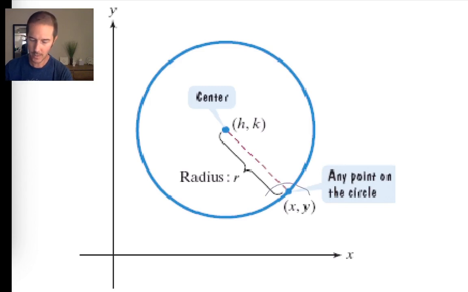Okay, we just don't know what they are, but they are fixed values. And this point out here, x comma y, is something of a variable. That point could move around and occur anywhere on this circle, but the distance from the center to any point on the circle is equal to r.